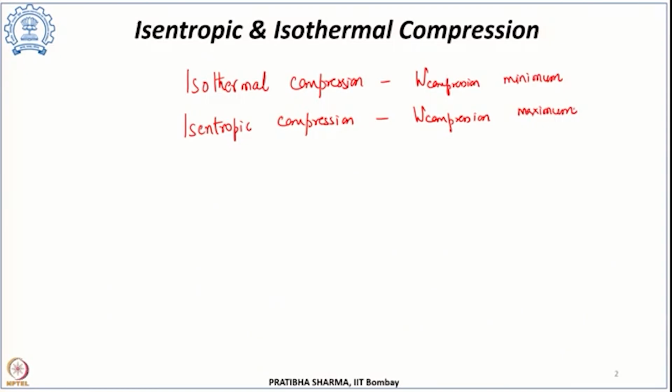Now, whether it is single stage or multi-stage compression, when compressors are compressing hydrogen gas and cooling is being considered during the compression process, then the process can be modeled as an isothermal process.